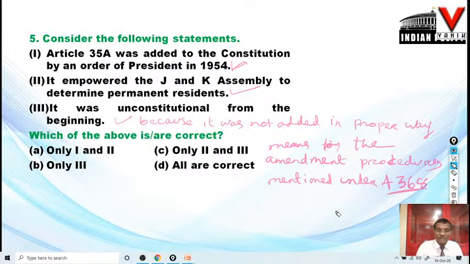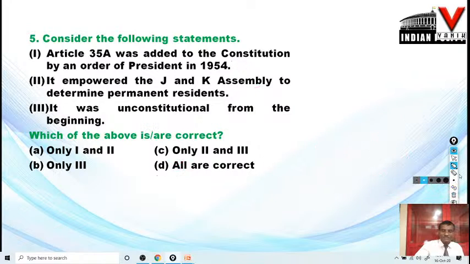Therefore it was unconstitutional from the beginning. Now it is correct. So the answer is all are correct. Okay, friends, all of you are okay with me? Yes. Okay, we should now go to question number 6.